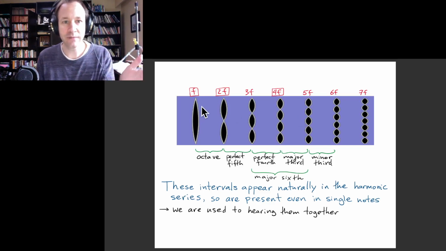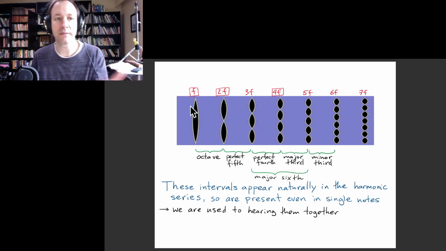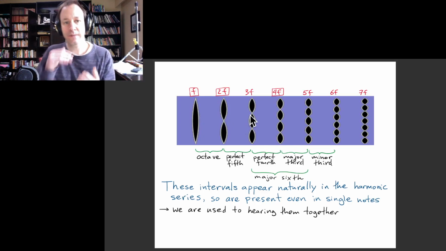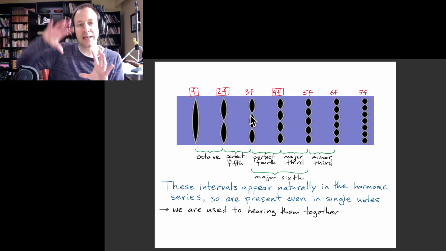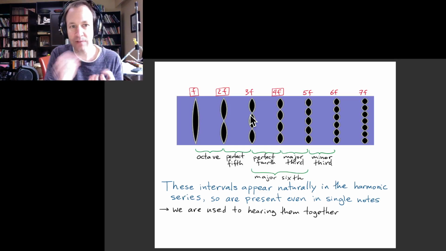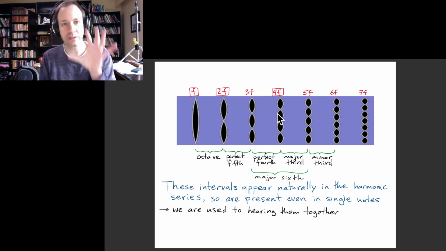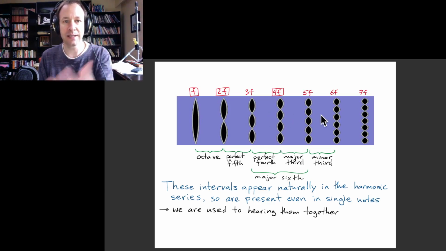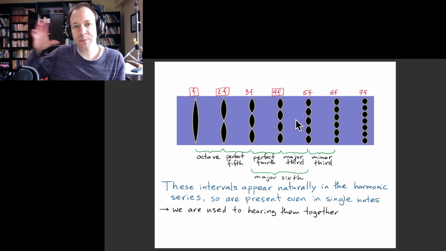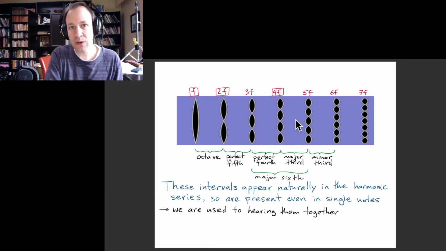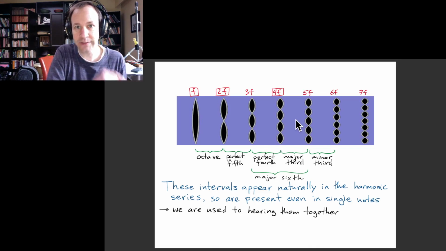Since the frequencies for all of the higher harmonics are multiples of that fundamental, the second and third harmonics already have a 3-to-2 ratio. That already defines a fifth, and the third and fourth define a fourth, and so on. So when we hear these notes with simple ratios, we're actually used to hearing those combinations of frequencies together, even when we're listening to just a single musical note, as long as it's not a pure tone.